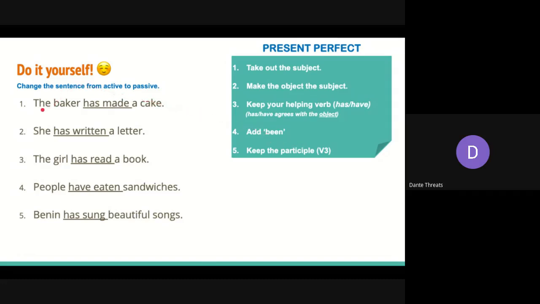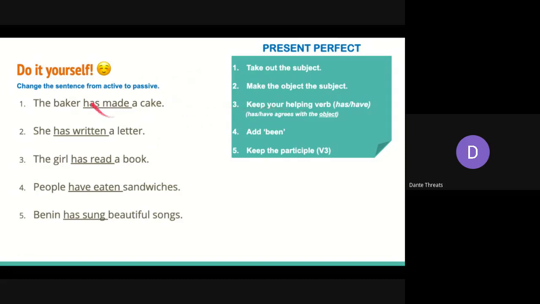So let's do the first one. The baker has made a cake. All right. So what is our first rule? Yes, we take out the subject. All right. Then we make the object the subject. All right. Then, yes, okay, we're going to keep the helping verb.